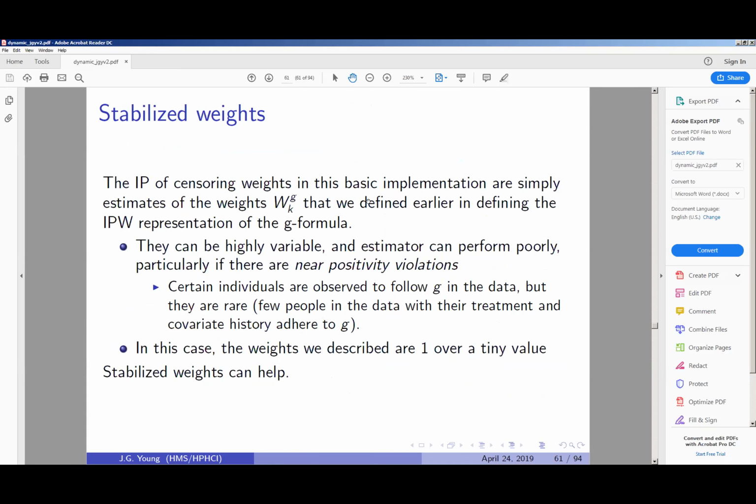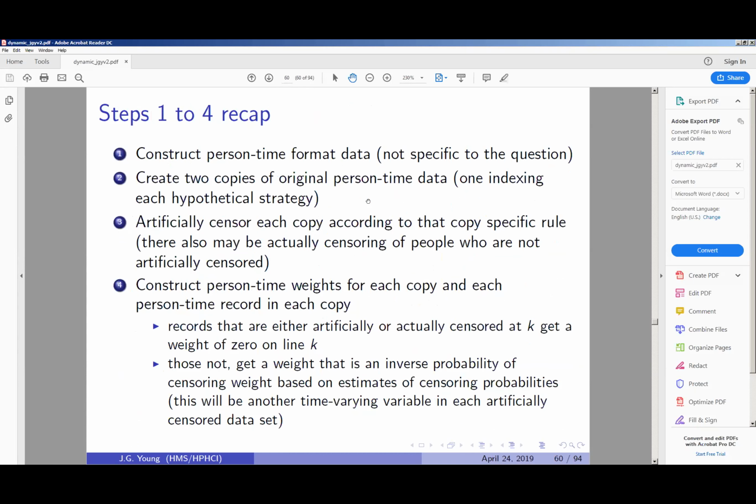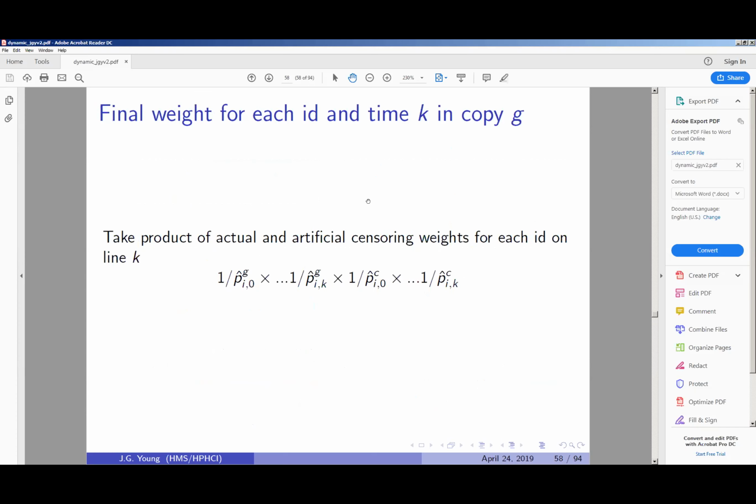For example, we might have considered a scenario where CD4 cell count at 5 years is the outcome, so a non-survival outcome. In that case, prior CD4 cell count would be part of the L bar K. It would be a time-varying confounder, but it's actually not the outcome. You have to define one outcome.